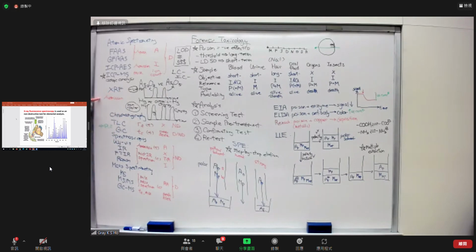Therefore, based on the emission wavelength, we can know what kinds of analyte are there, and the emission intensity will be used for quantification.